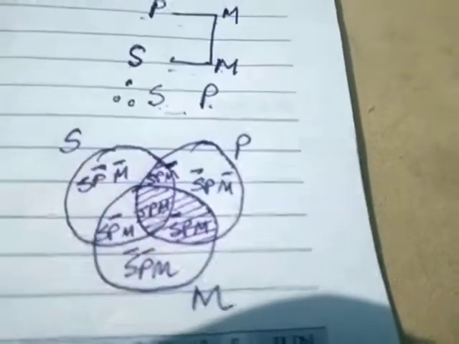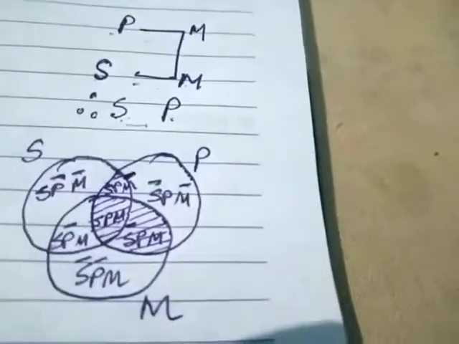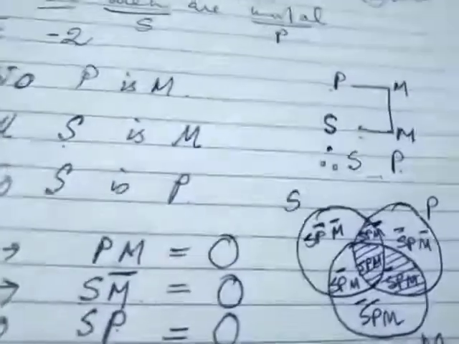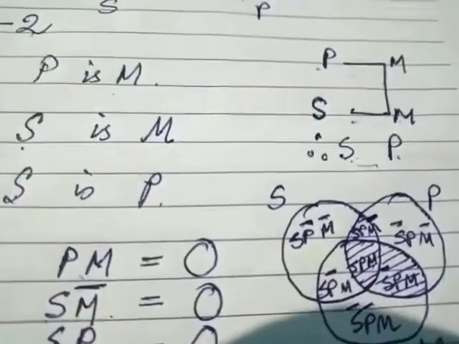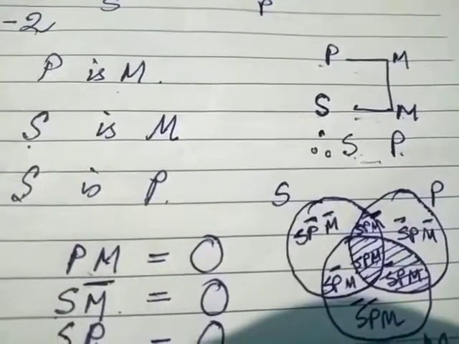Now you can see I have given shade on the PM section only. Second one is S M bar equal to 0. That is again shading, but I have to find out the places where there is S M bar. Forget about P now. S M bar.